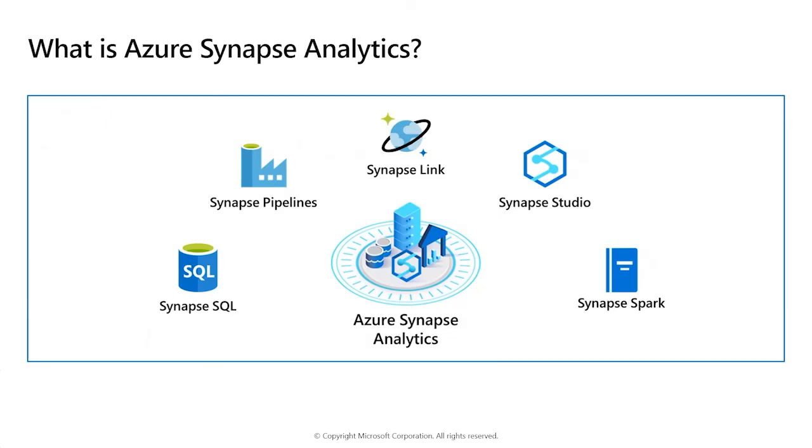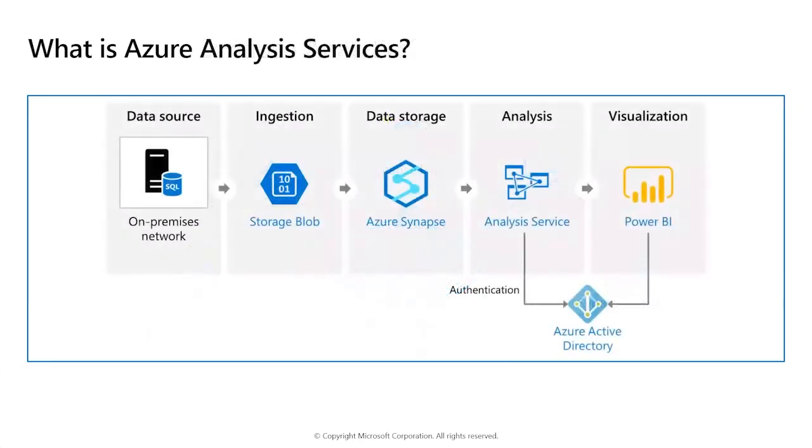Azure Analysis Services leverages a massively parallel processing architecture. This architecture includes control nodes, and it enables you to build tabular models to support your online analytical processing queries. You can combine data from multiple sources like Azure SQL Database, Azure Synapse Analytics, Azure Data Lake Storage, Azure Cosmos DB, and many others.